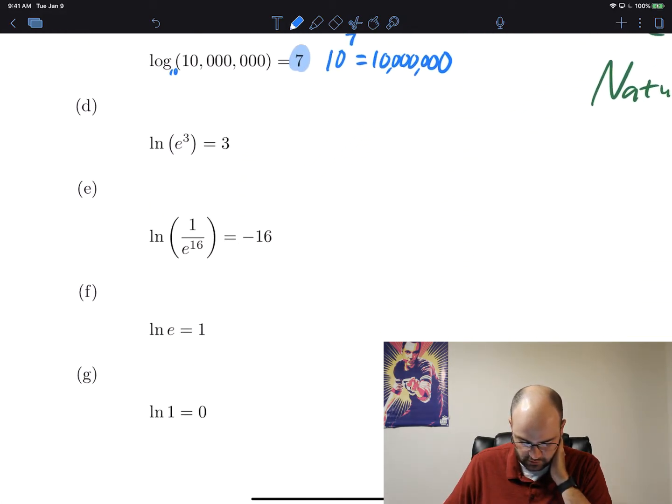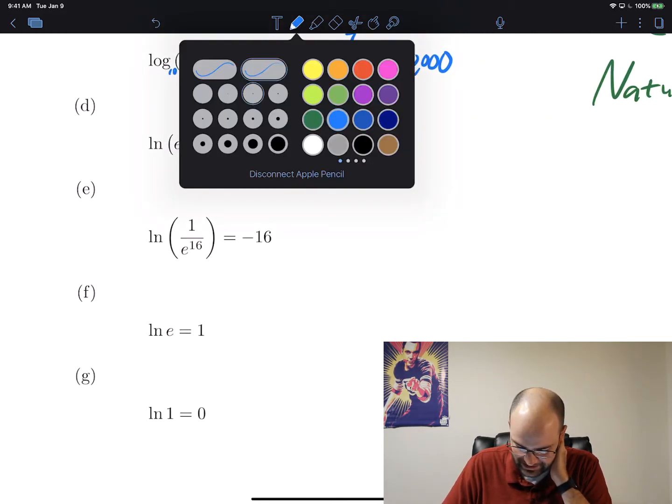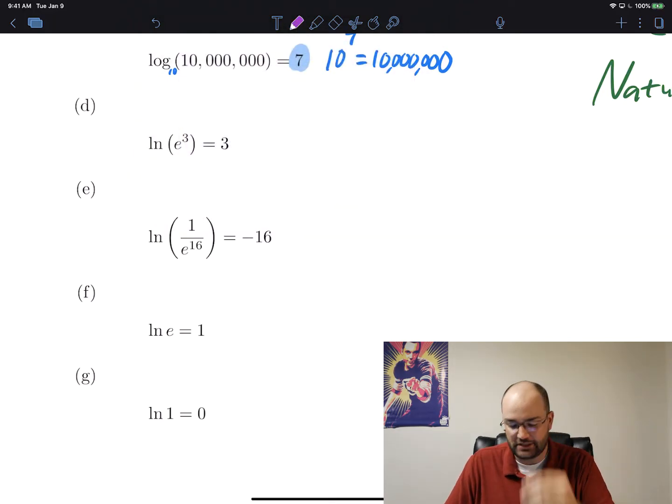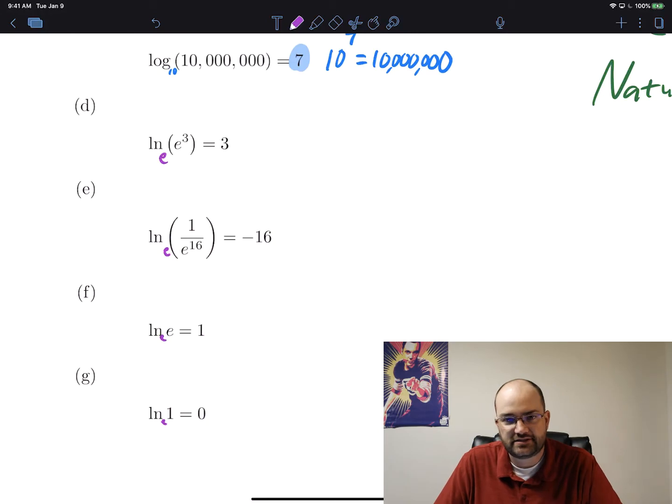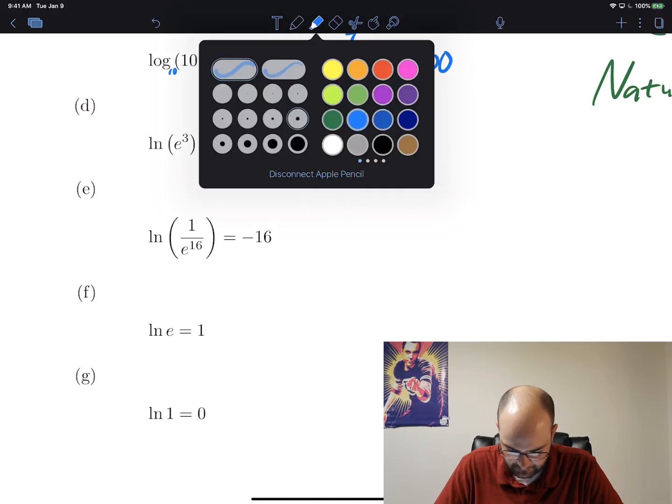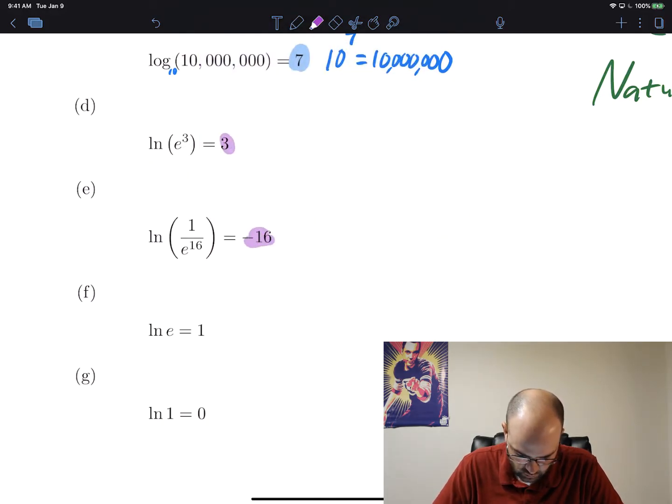For the last 4, I'm not going to really write down a base of e. It's just understood. Okay, I'm going to write base of e. You shouldn't do this, but that's what is happening here. So I'm going to go ahead and erase those because it just bugs me that that's wrong to do. Let's just assume that it's a base of e. Now, for each one of these, what it's equal to will be the exponent.